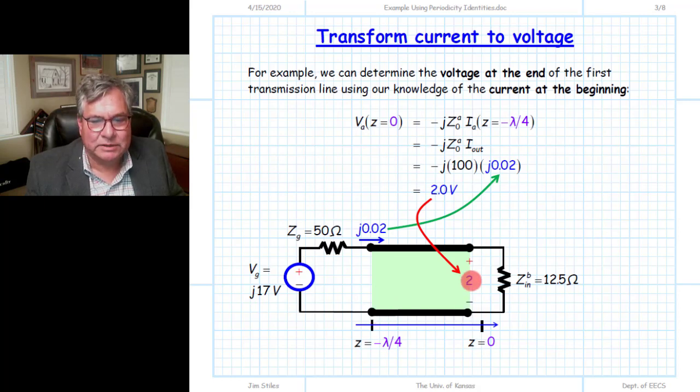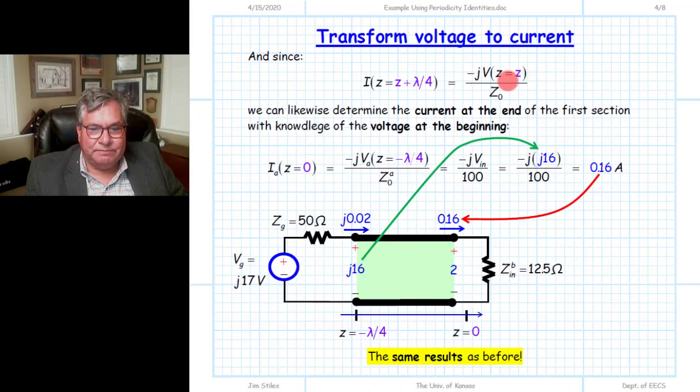And of course that point is at the other end of our quarter wave transmission line. We start with the current at one end and we can determine the voltage at the other immediately without having to calculate the complex wave amplitudes V0 plus or V0 minus. Just immediately put our current value into this equation and out pops the voltage at the other end of the transmission line.